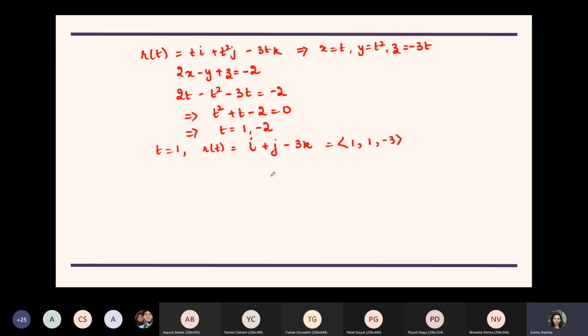And when t is minus 2, the position vector of the point is given by the corresponding expression. So at these two points, the plane and the curve are going to intersect. Okay. So this is how you find the intersection.